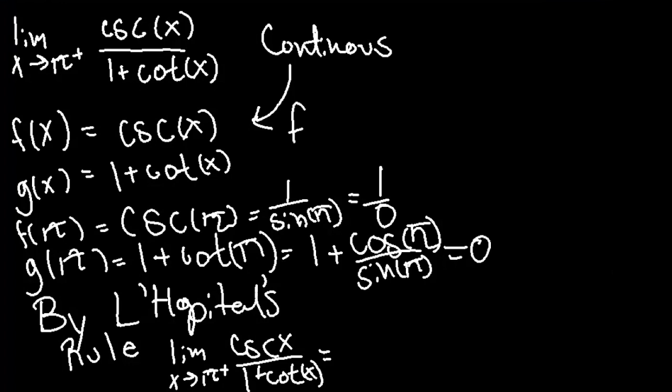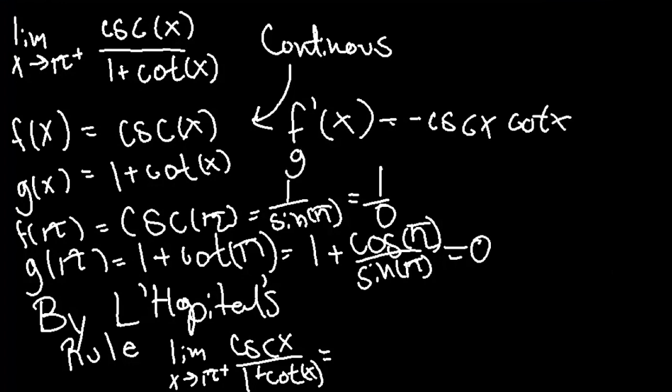So we find f prime of x. From your trig identities for derivatives, we know the derivative of cosecant is negative cosecant x times cotangent of x. And the derivative of the denominator, g prime of x, is going to be 1. This is a constant, so we don't have to worry about that.